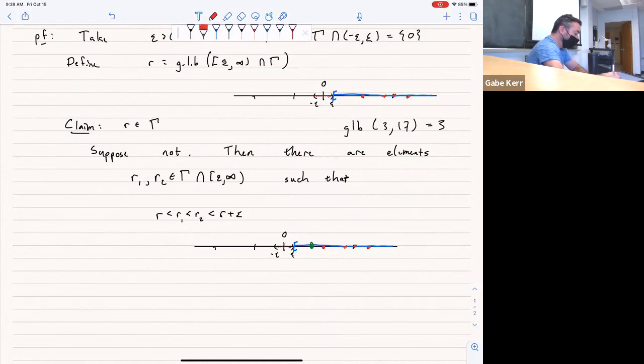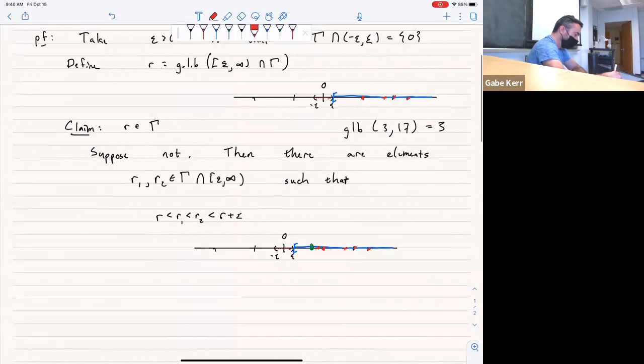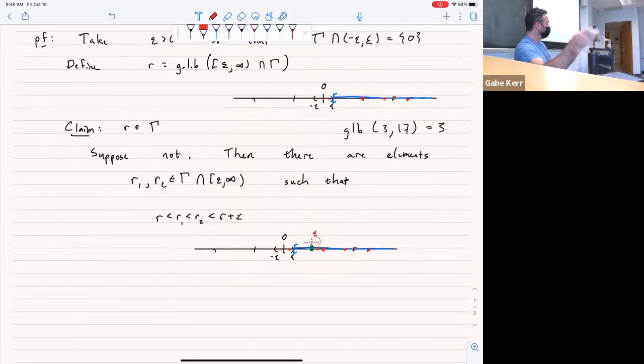If this were a picture, then I could get a bigger green. I could move the green up a little bit, and it would still be a lower bound for all the red points. So what has to happen is I have to have an infinite sequence of red points getting closer and closer to the green point. So if I take this epsilon neighborhood around the green, or I just go up by epsilon, then there have to be at least 2 points in there.